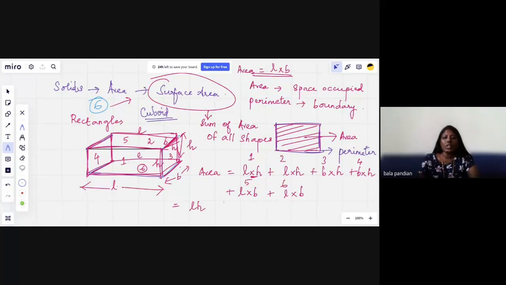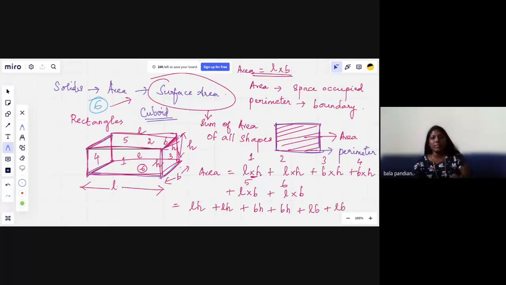So LH plus LH, B into H is nothing but BH, B into H is nothing but BH. Then I have LB plus LB. So in algebra, the multiplication sign can also be silent. This LH simply means that I'm multiplying L and H.